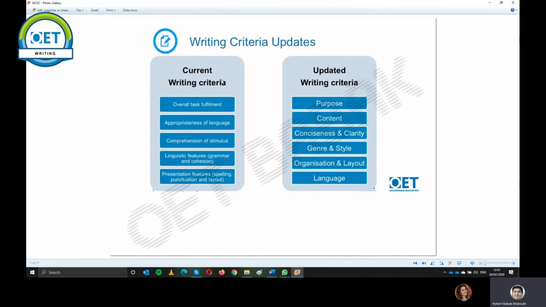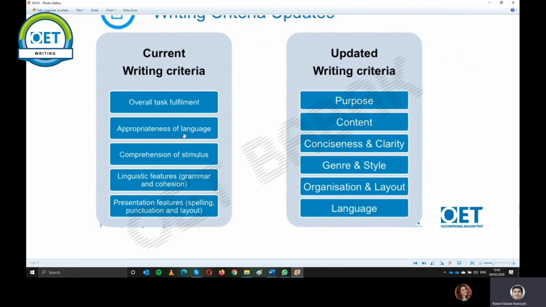And the previous criteria was this: overall task fulfillment, appropriateness of language, comprehension of stimulus, linguistic features, presentation features. And this was long gone. Then the updated criteria is this: purpose, content, conciseness and clarity, genre and style, organization and layout, and language. And you see it has changed so much.